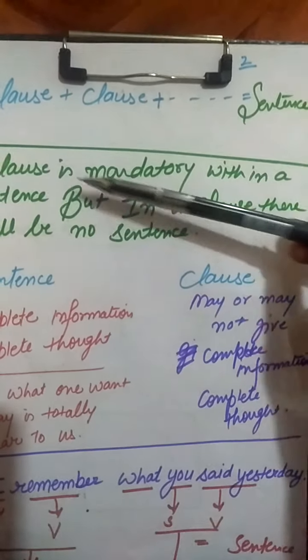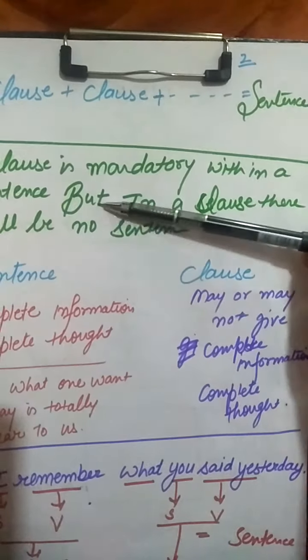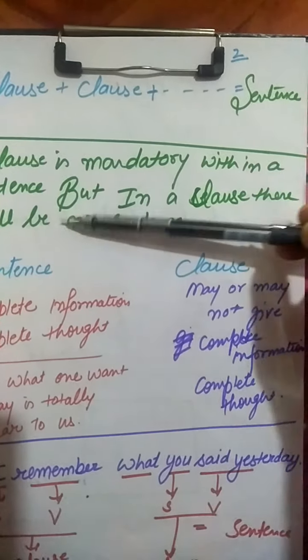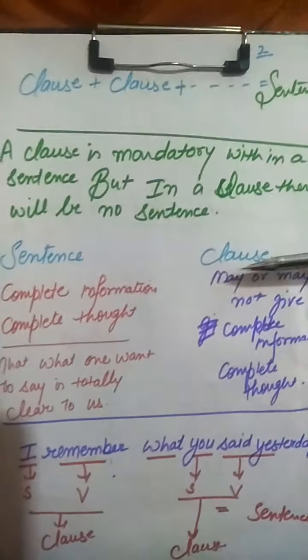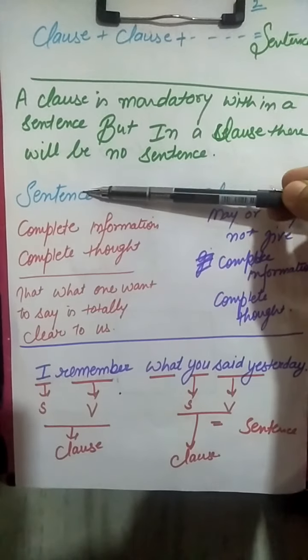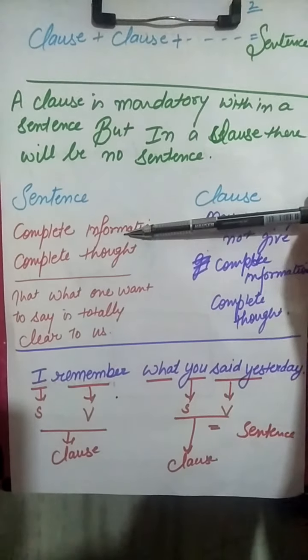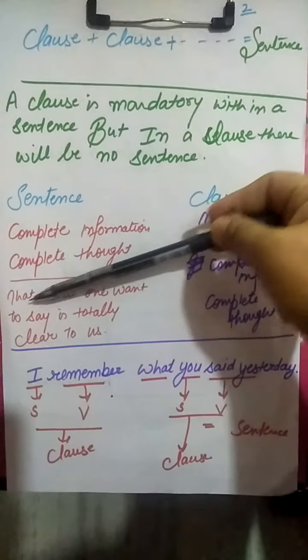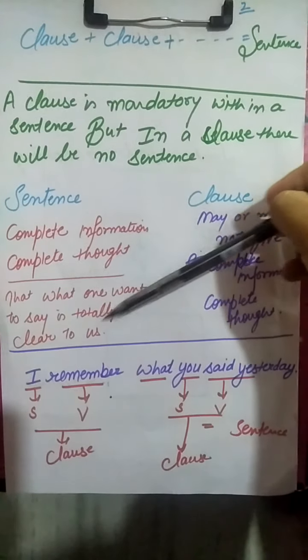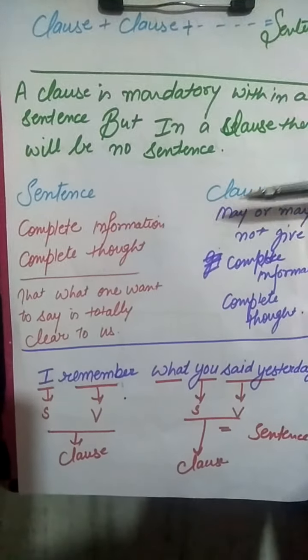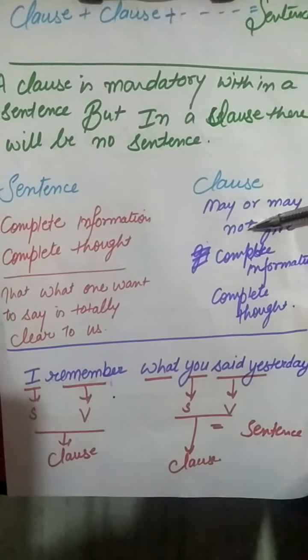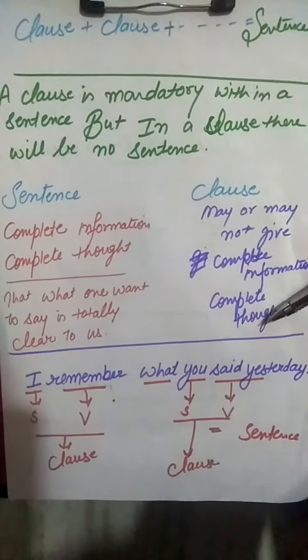A clause is mandatory within a sentence, but in a clause there will be no sentence. The difference between sentence and clause: a sentence will give us the complete information, the complete thought, so that what one wants to say to us is totally clear. But a clause may or may not give the complete information and the complete thought.